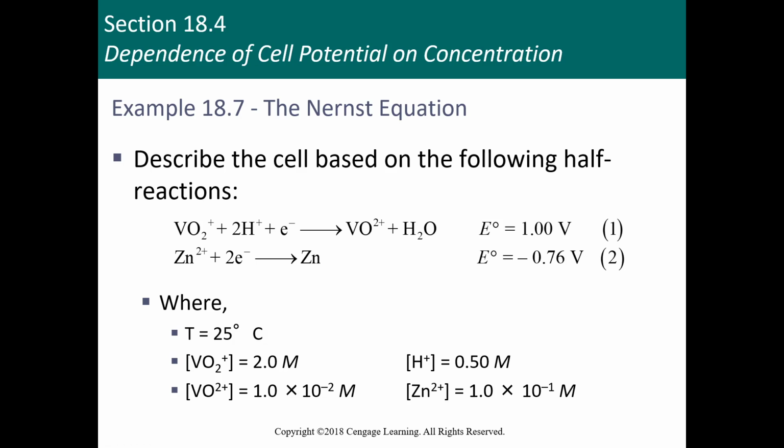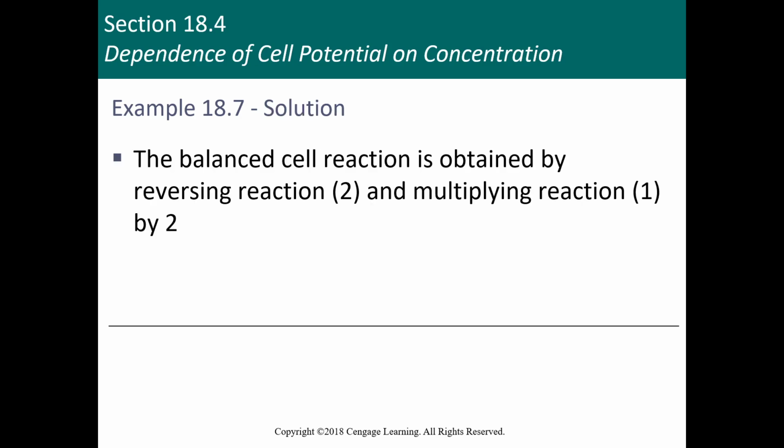Again, these don't actually have concentrations, right? They always go to unity. So if you have a pure solid or pure liquid, they always go to unity. Again, this is an application of the same equilibrium constants and reaction quotients that we learned before.